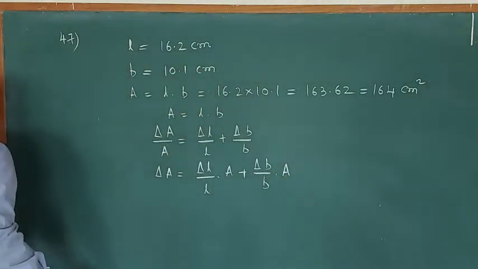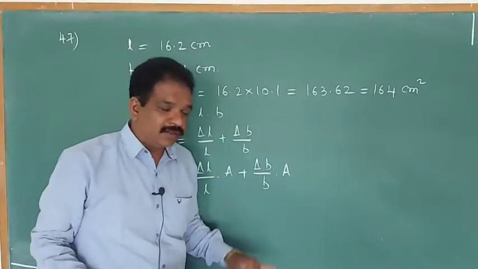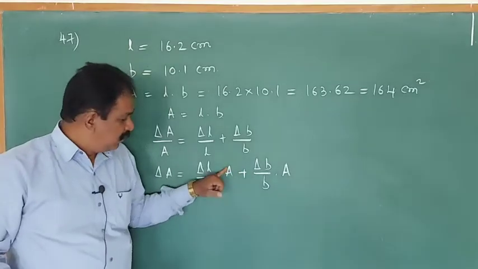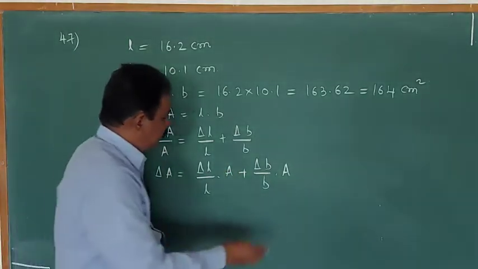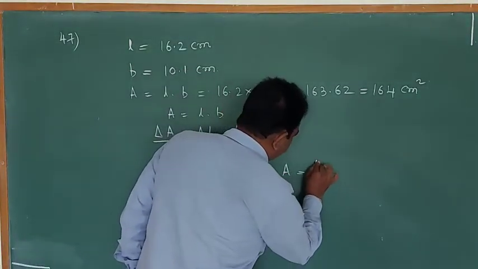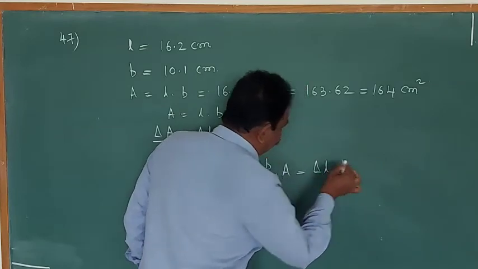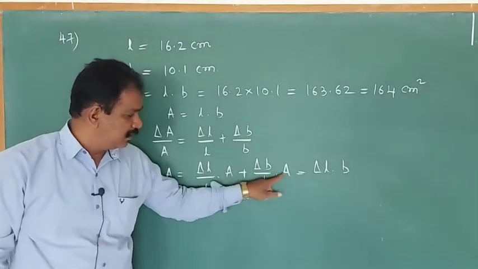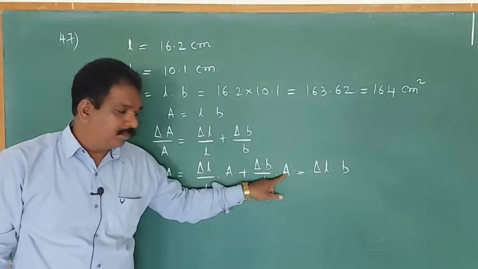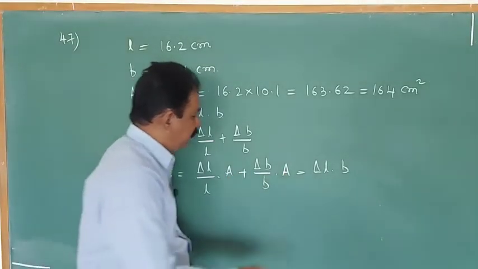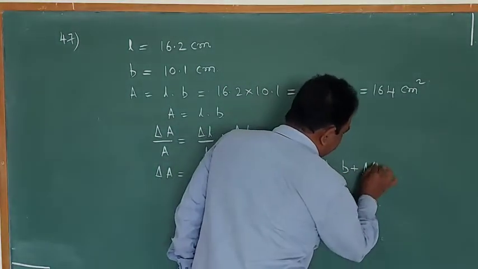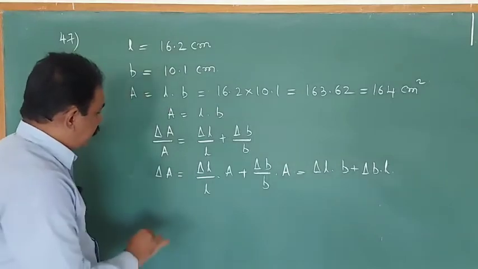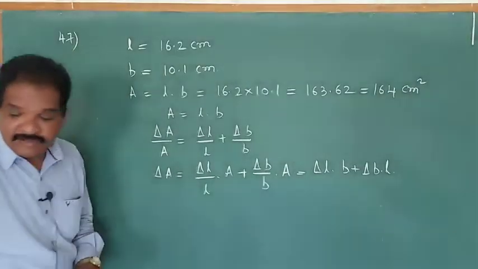Then what will happen? See, area is equal to length into breadth. L will cancel, so this value delta L into B. Here also L into B, B will cancel. So it becomes delta B into L.